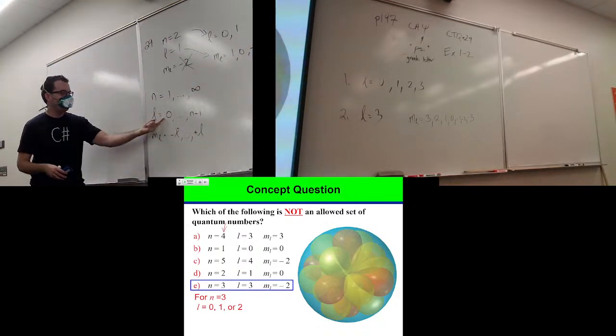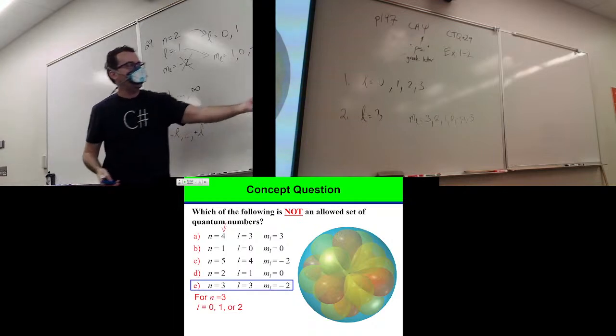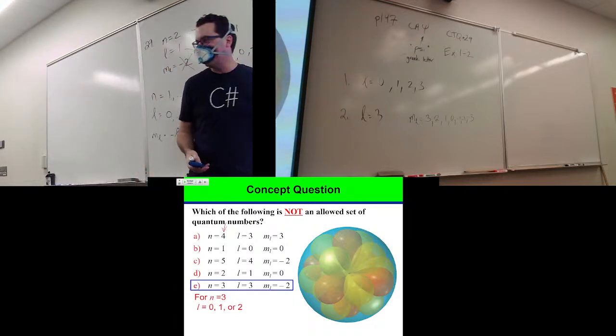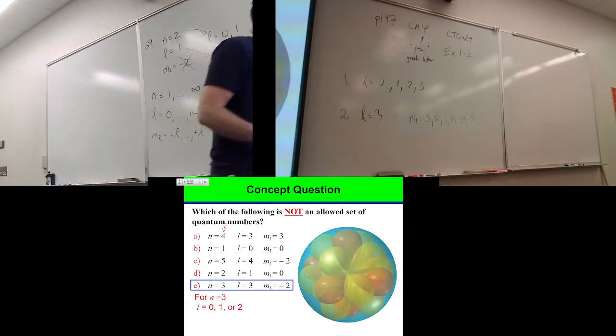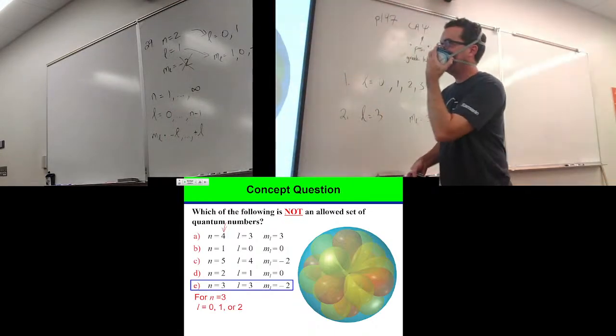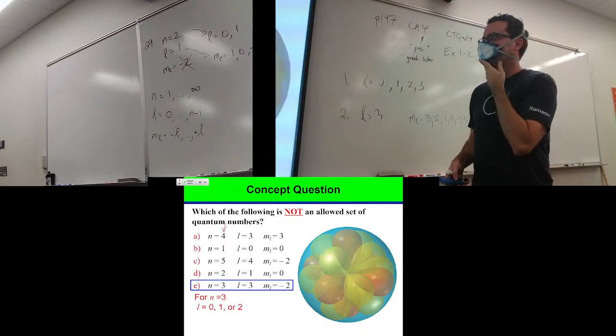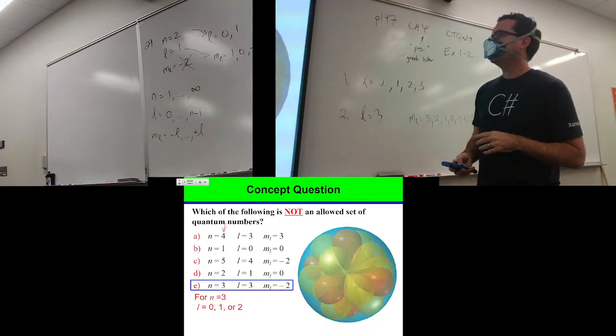All the values from 0 to n minus 1. And if n is 3, your max is going to be 2. So you cannot have L equals 3 when n is 3. It can be 0, 1, or 2, and that's it. So that's what's wrong with that one. The rest of them are actually okay. They all follow the rules. Okay.